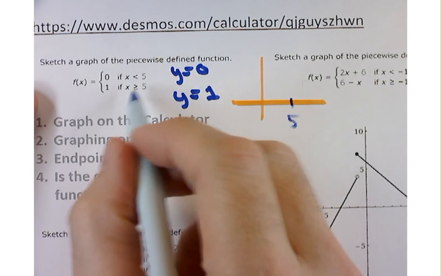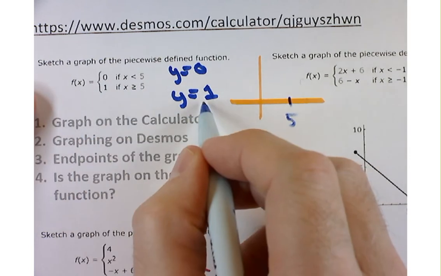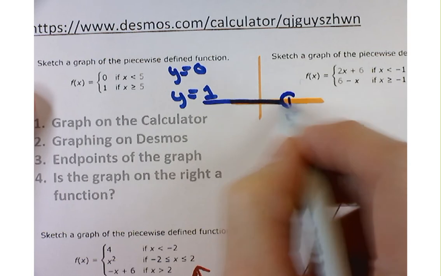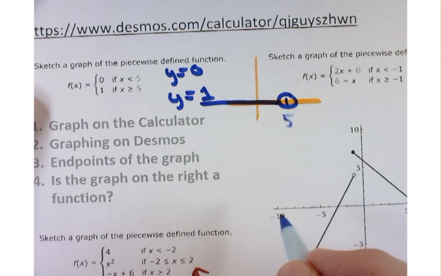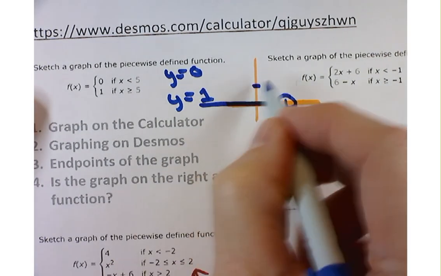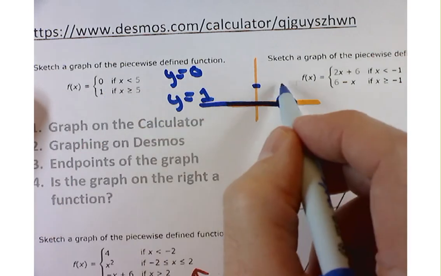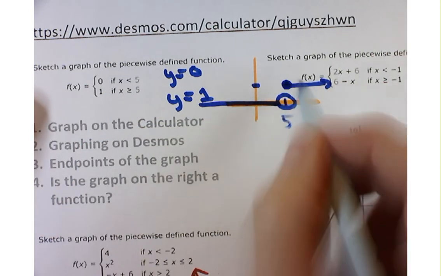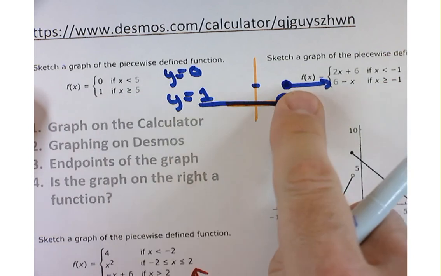So this graph is going to be y equals 0 up to this point, not including 5. After 5, we're going to graph y equals 1 to the right. And we'll put a solid dot there because we're including what's happening at the end point.